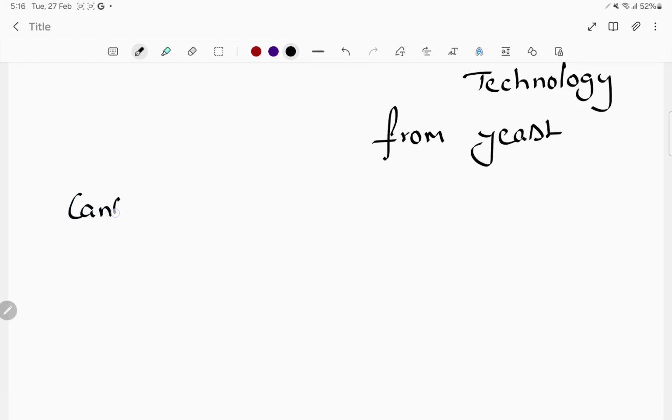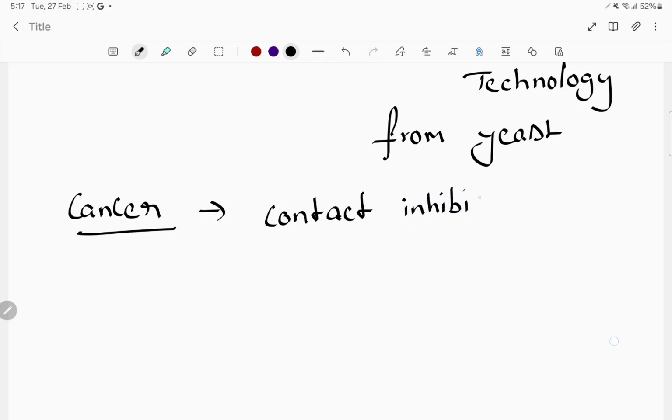So cancer is lack of contact inhibition. Normal cells will have this contact inhibition. Cancer cells will lack contact inhibition.